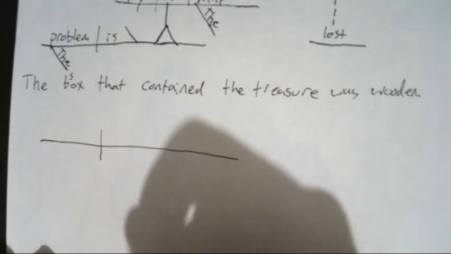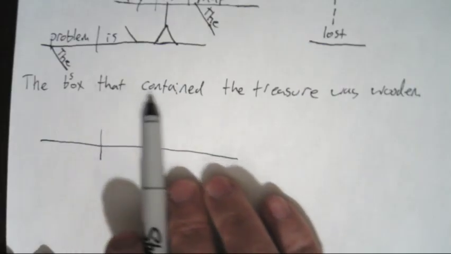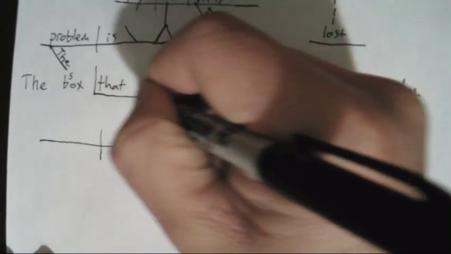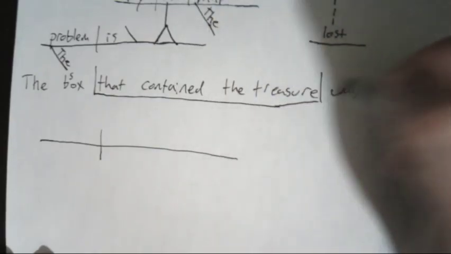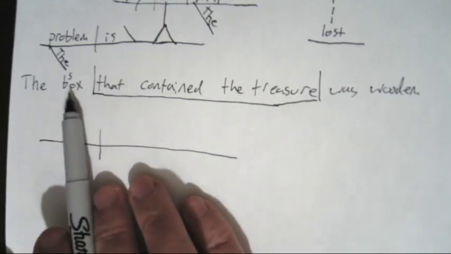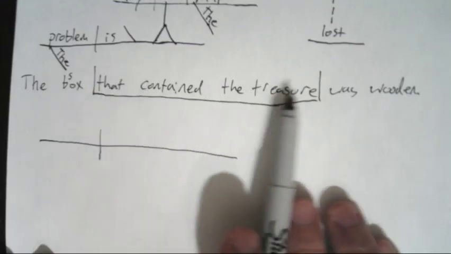Box is a subject. All right. What did it do? Well, you might say it contained, but really, that's a subordinate clause. All right. This subordinate clause just modifies the box. It tells us which box. You could be talking about any box, but the box that contained the treasure.